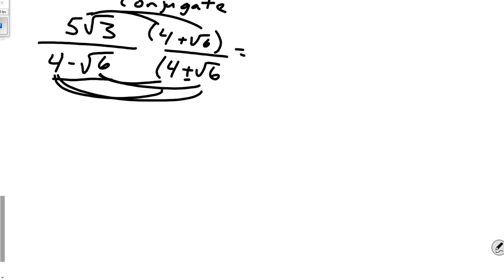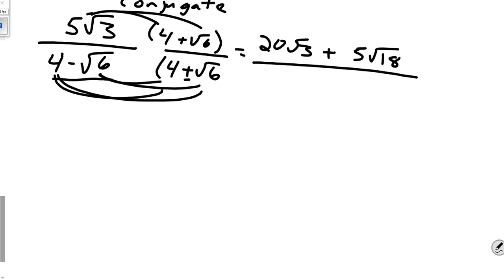That's right. 20 root 3 plus 5 root 18 on the top. 4 times 5. What's that? Root 3. Oh, so you take the whole first thing and multiply it first. Yeah. Yeah, exactly.